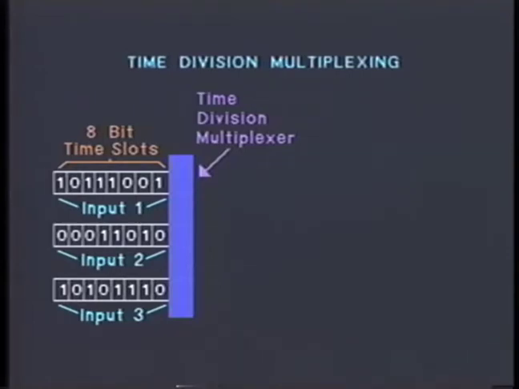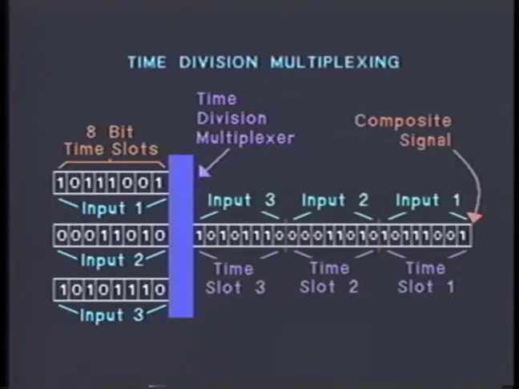Each time slot usually contains 8 bits. 8 bits of the first input channel are placed in time slot number 1 of the composite signal. Then 8 bits of the next input channel are placed in the next time slot. After 8 bits of the last input channel are placed in the last time slot, the next time slot, number 1, receives the next 8 bits from the first input channel.